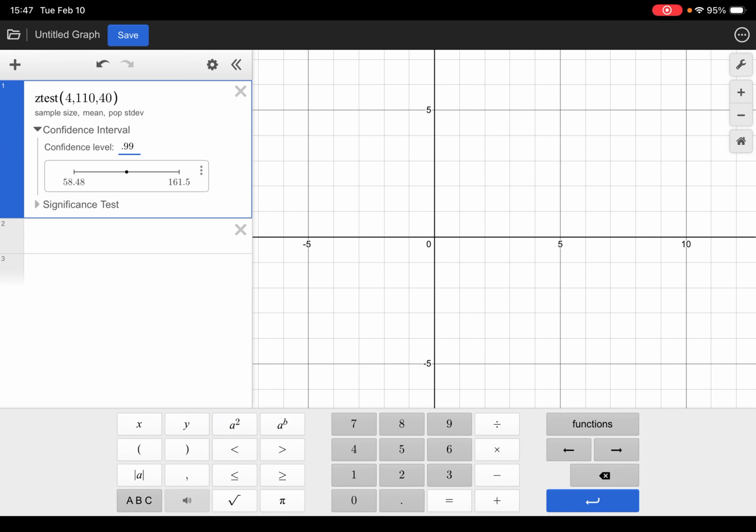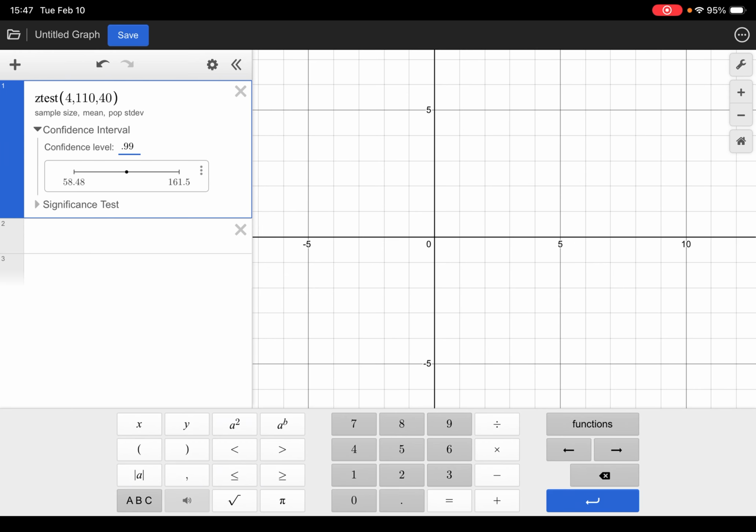So if this entire area is supposed to equal 100%, that means that each of the tails, since it's symmetric, are going to have to be the same. So that means we have 100 minus 90, which is 10. So that's representing the area of both tails.